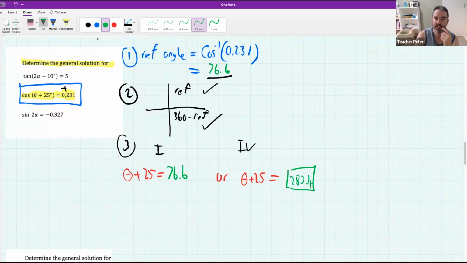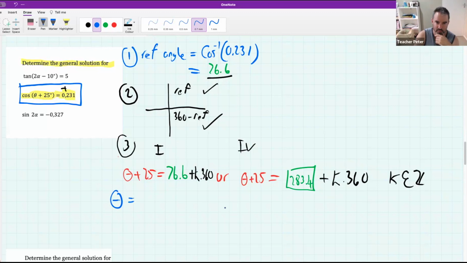283.4. Now, it did ask for a general solution. So I'm going to go k times 360 because that's the period of the cos graph. And then I'm going to go plus k times 360. I'm going to do that. Okay, now, I would really like to get theta by itself.